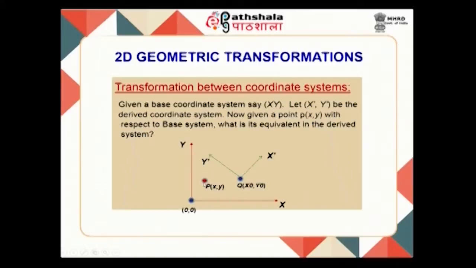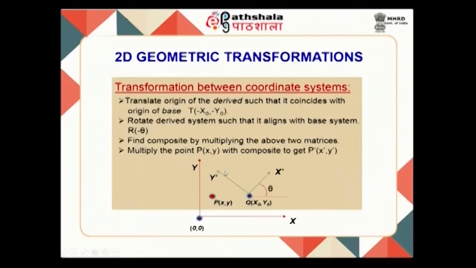Now, given a point P (x, y) measured with respect to the base coordinate system, what will be the equivalent point when the same point is measured with respect to the derived coordinate system? That means, given the point P measured with respect to the base system, what will its coordinates be when measured with respect to another reference position, that is the x dashed, y dashed coordinate system?